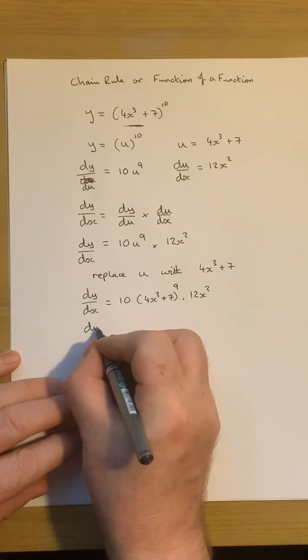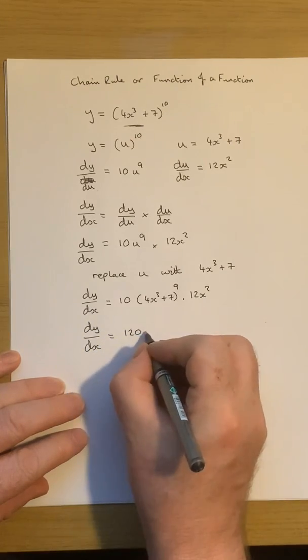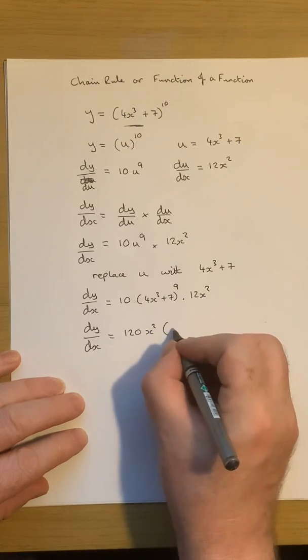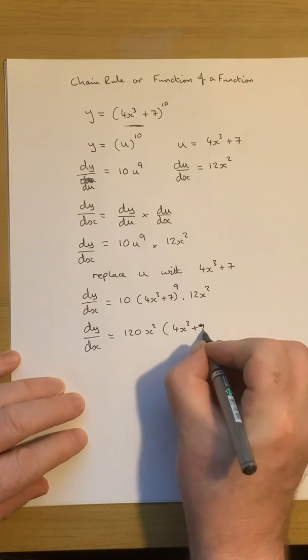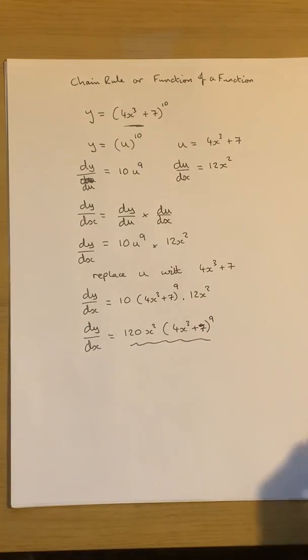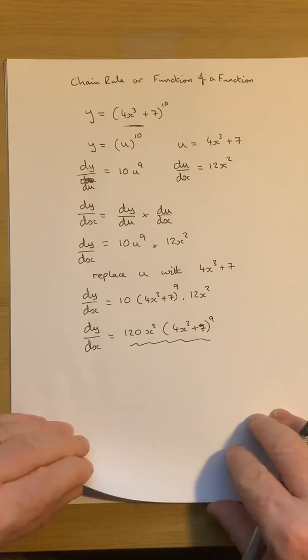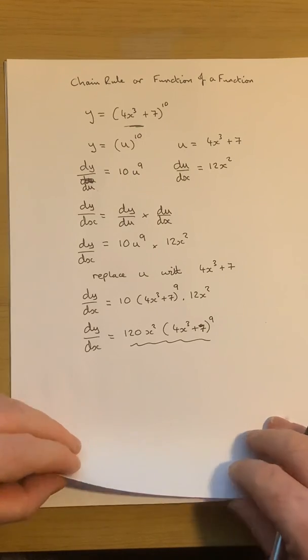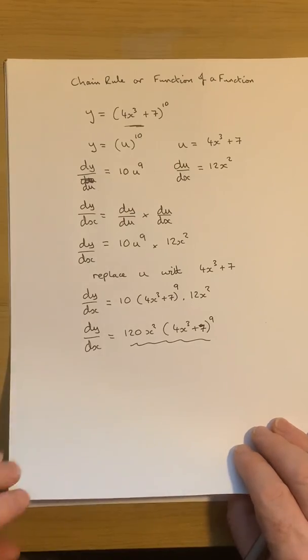I'll just tidy that up. dy by dx equals 120x squared times (4x cubed plus 7) all to the power of 9. And so that is the answer.